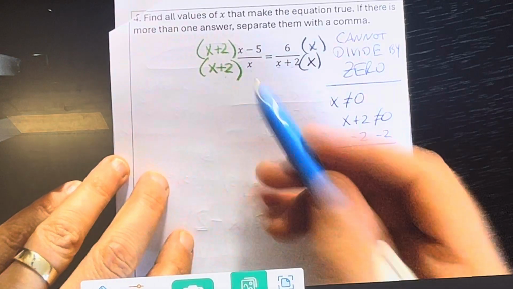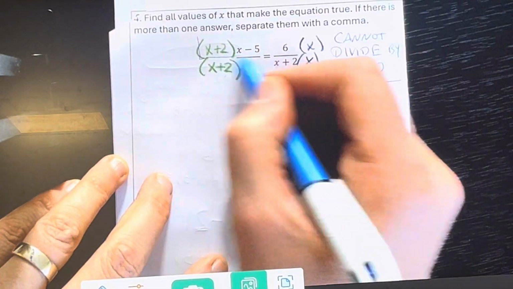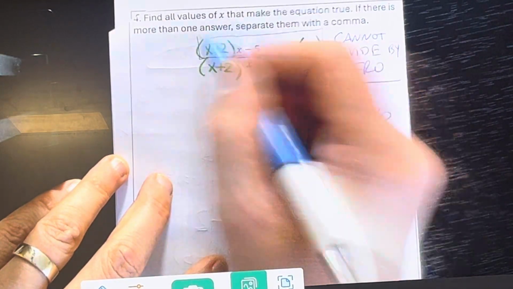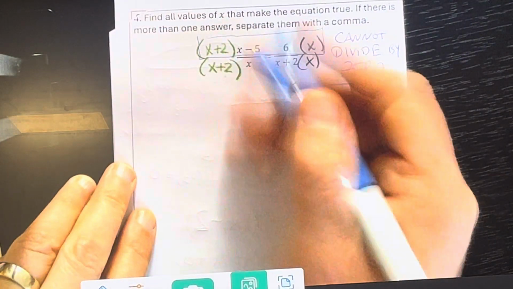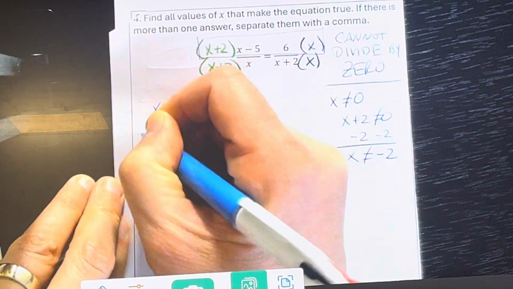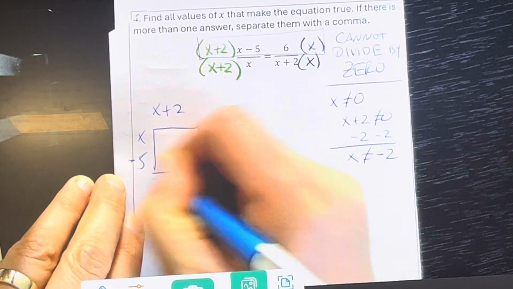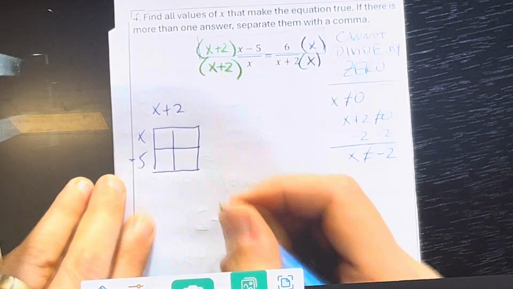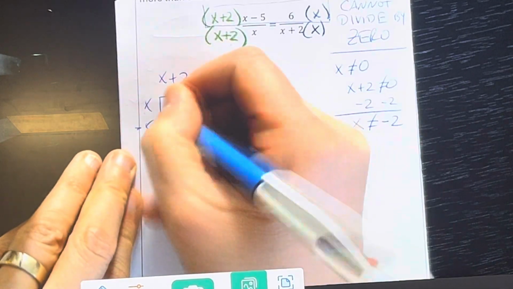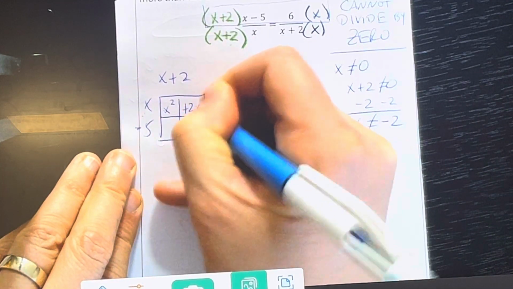So now that we have a common denominator, we can simply focus on solving the numerator. X plus 2 times x minus 5. If you don't need a box, then that's fine. But if you're still working with a box, that's also good. X times x is x to the second power. X times positive 2 is plus 2x.